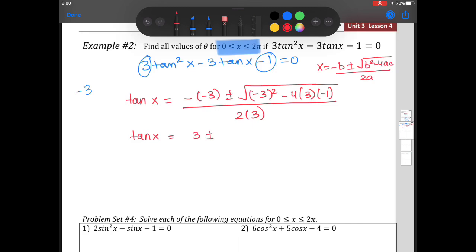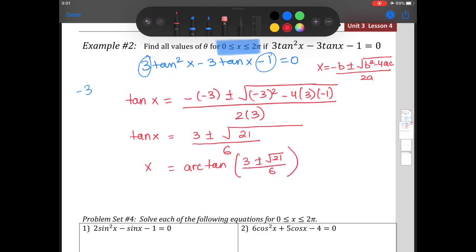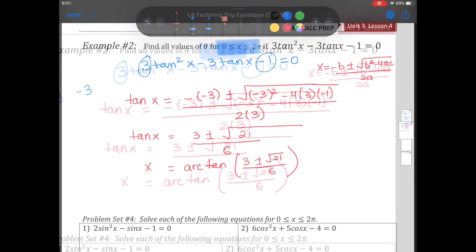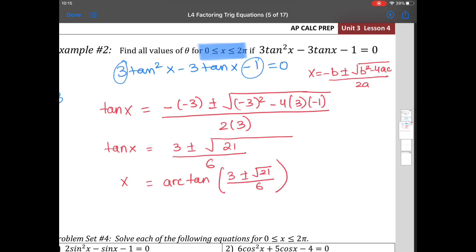Simplify this. 3 plus or minus the square root of 9, plus 12, is 21, right? Over 6. And can you simplify that? 21 is a non-perfect square, so you want to get rid of the tan. Take the arctan of (3 plus or minus root 21) over 6. So complete the problem set. Good luck.